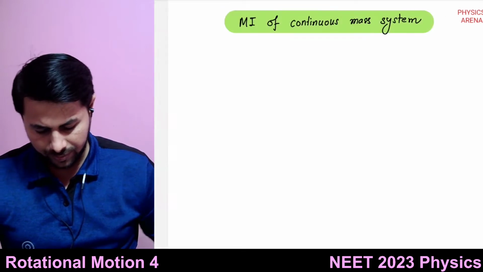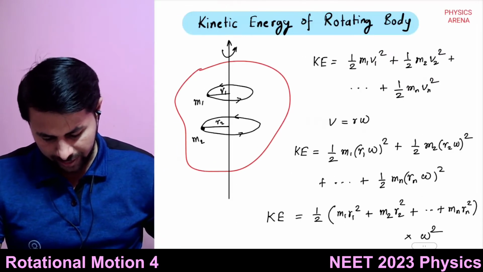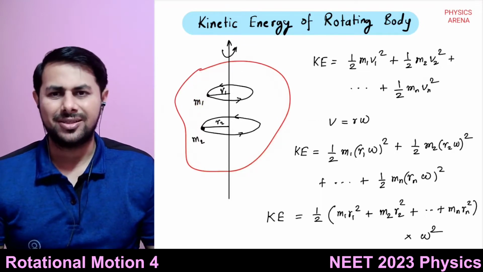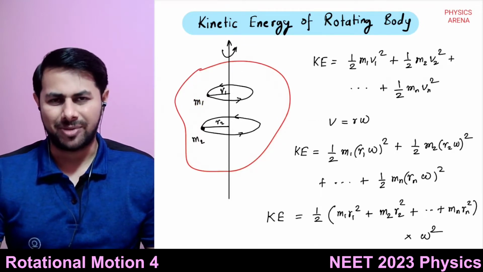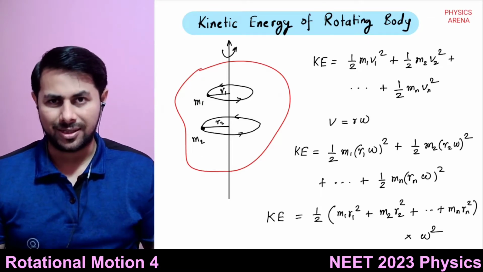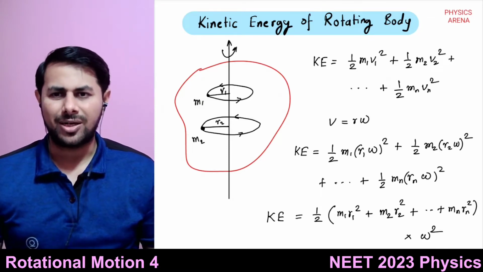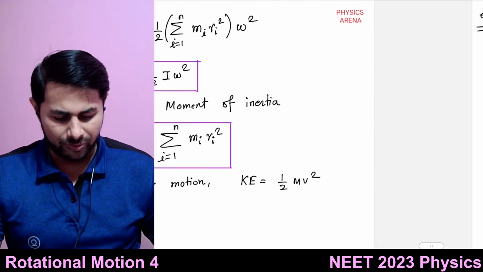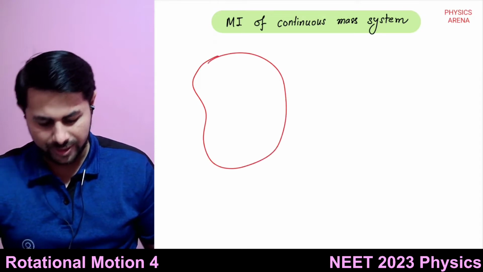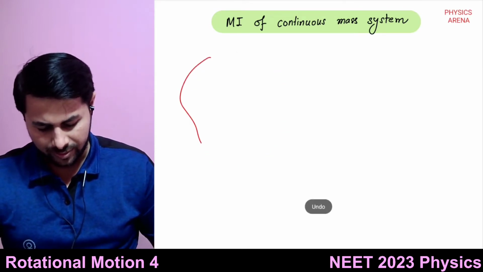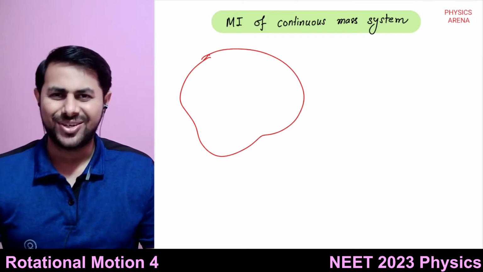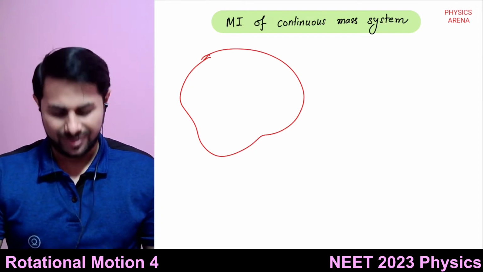So like we have a body which is like this. Here we assumed that the number of particles is countable. But for a rigid body, for a solid body like this, it's not possible to count the number of particles. So for this kind of body, it can be anything, a potato, or a cell phone, right?